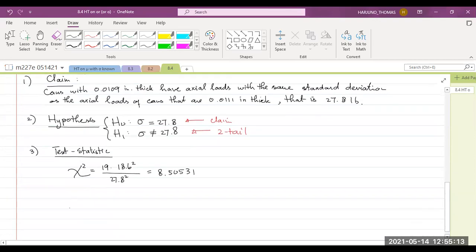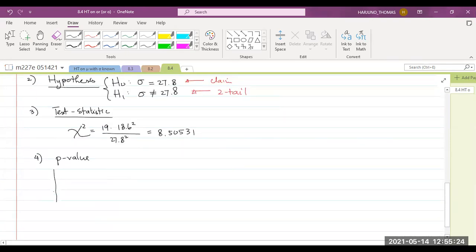Now the p-value. Remember, sometime in the past I taught you that for the chi-square distribution, the peak is approximately at the sample size, the degree of freedom, which is either 19 or 20.